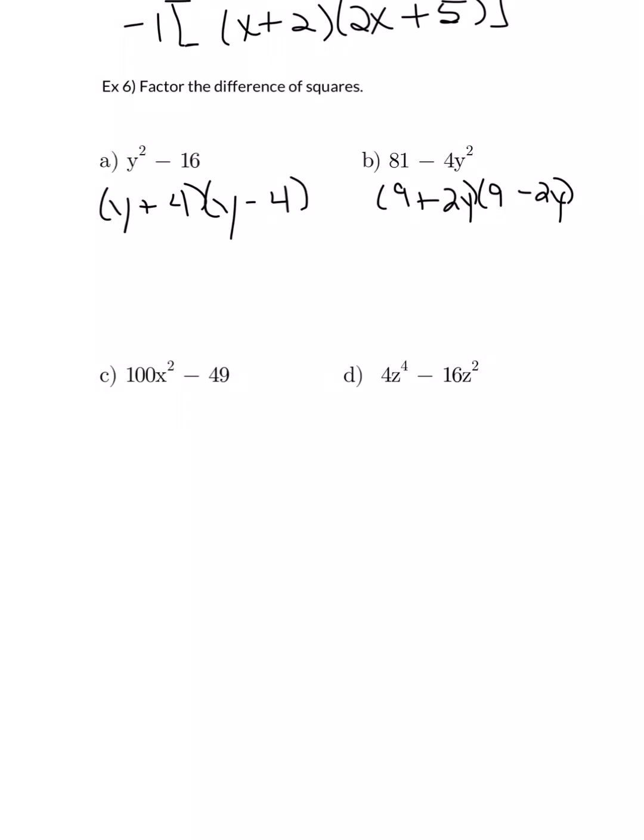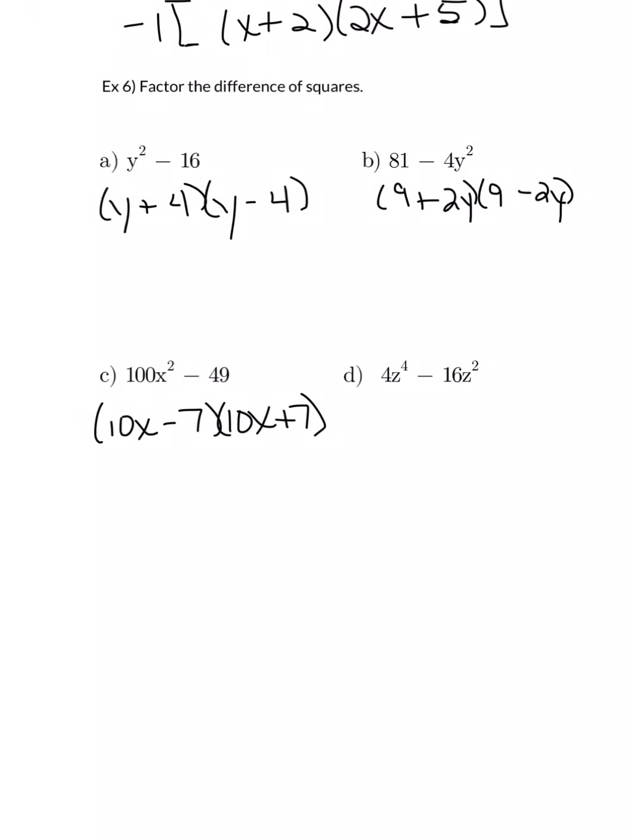On the third one, are they both squares? Yes. Is it subtraction? Yes. So, square root of 100x squared is 10x. The square root of 49 is 7, so I'll do it the other way this time, minus 7 plus 7.